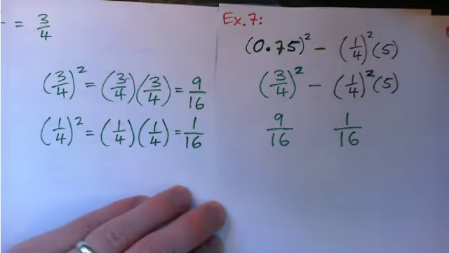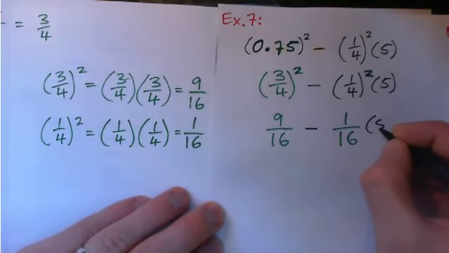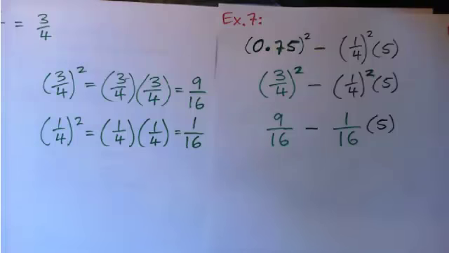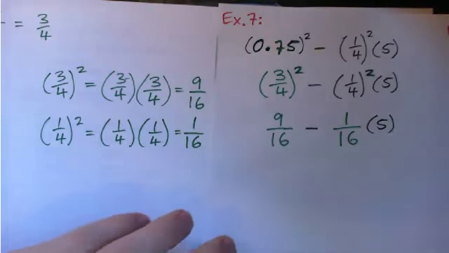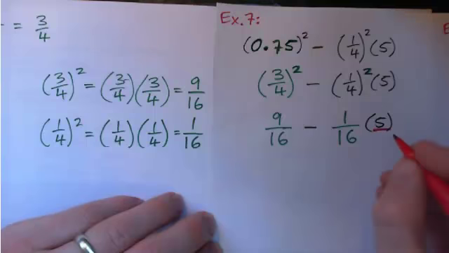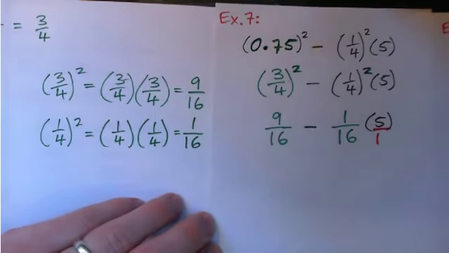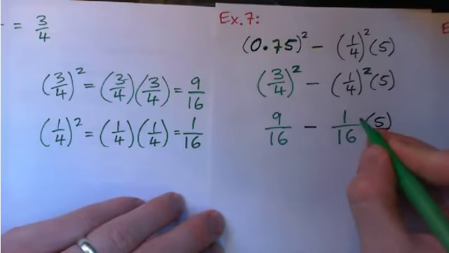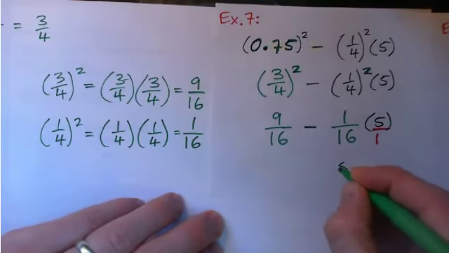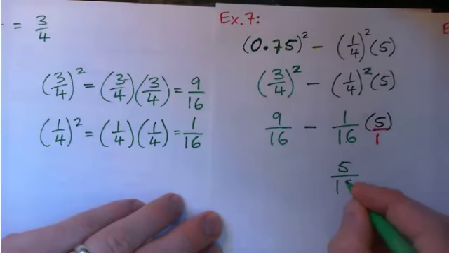And just fill in the rest of the problem now. So it's minus that times 5. Now, can you write the 5 as a fraction? 5 as a fraction is 5 over 1. Now if I multiply these fractions, I get 1 times 5 is 5, 16 times 1 is 16.